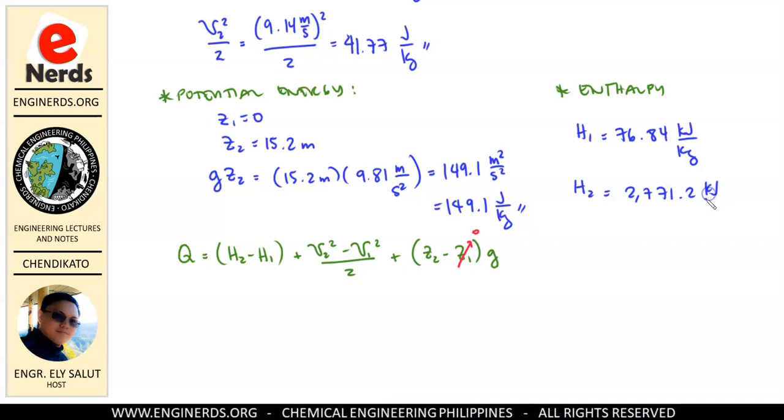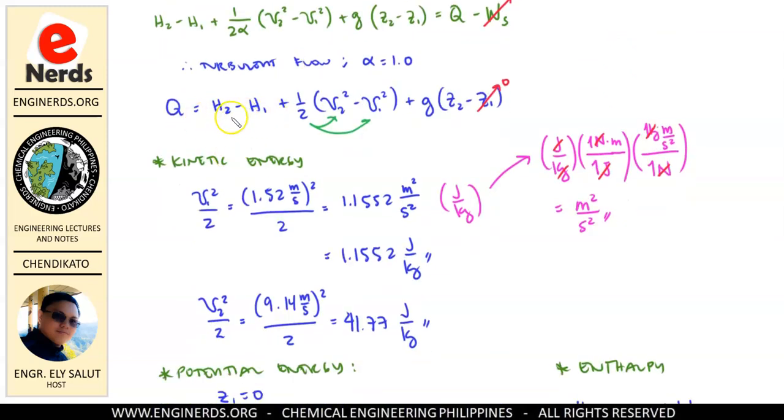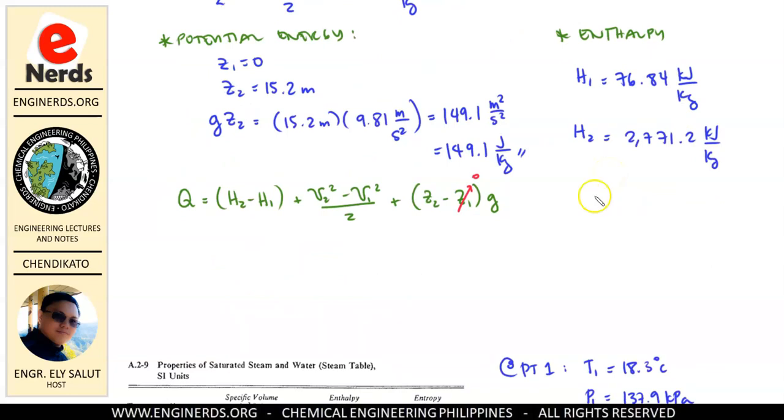2771.2 kilojoule per kilogram. Okay, so dito sa ating formula, we need to get the difference of H2 minus H1. No? So, sinulat natin yan dito. So, our H2 minus H1, let me write that here, is equal to 2771.2 minus 76.84. Diba? So, subtract lang natin yung H2 sa H1.